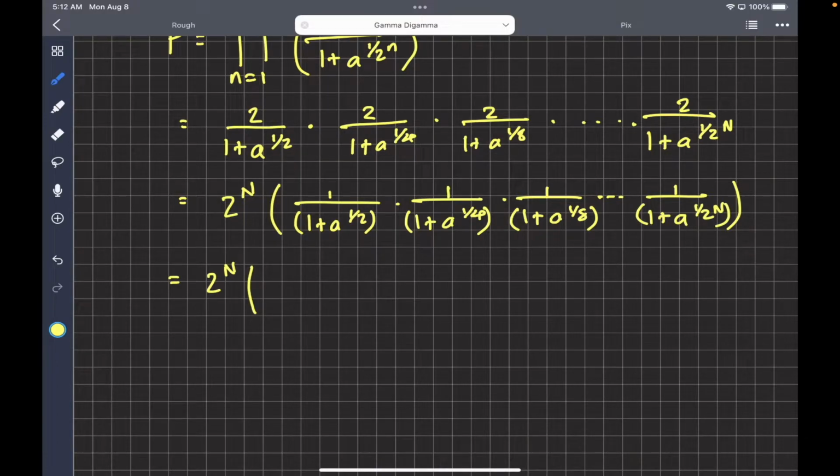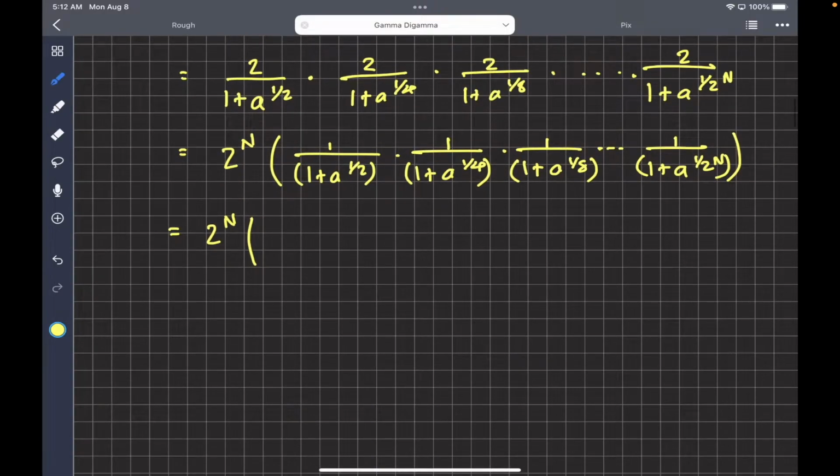One thing we can do is we can try to use a difference of squares identity because there's a successive squaring, or in this case halving or rooting of terms. So maybe we can use some of that property. So what I can do is multiply 1 minus a to the 1 half in the top and in the bottom. And if you don't see how that's going to help, you will see that in a moment.